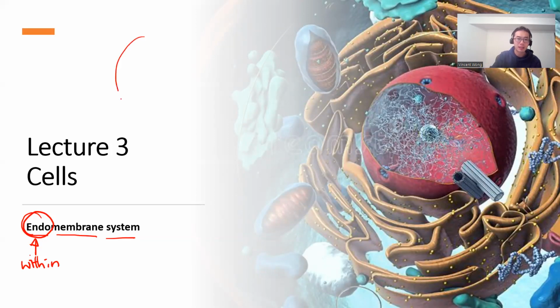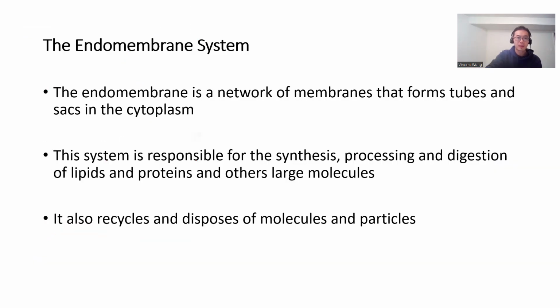I told you that the cell membrane is made up of phospholipids. And last time I told you there are other organelles inside the cell that also have a membrane. The nucleus has a membrane of its own. So there are a bunch of structures made up of membranes inside the cell. This network of membranes forms tubes and sometimes sacs.